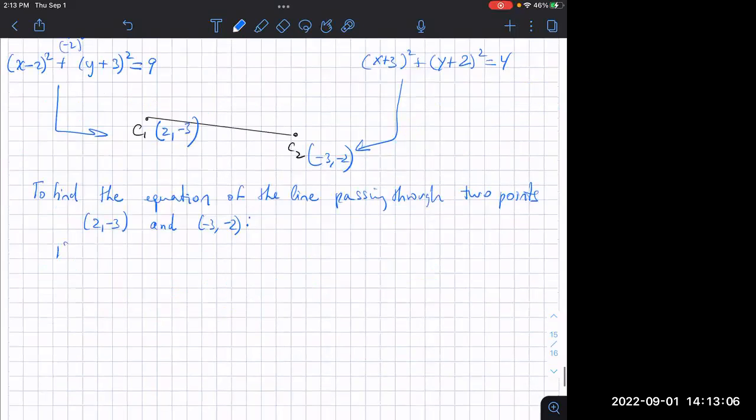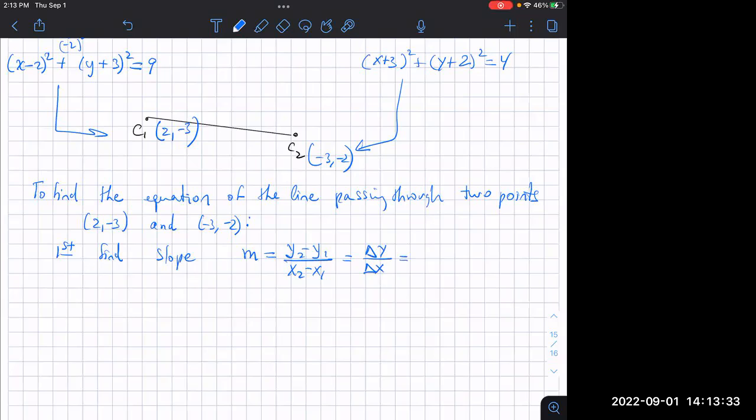The first thing you do is find the slope. What's m? m is y2 minus y1 over x2 minus x1. So it's the change in y over the change in x.